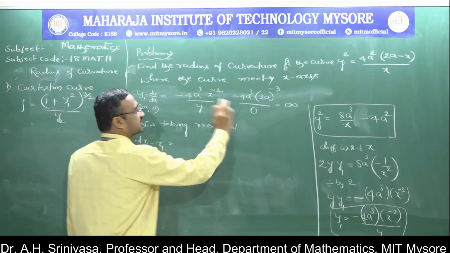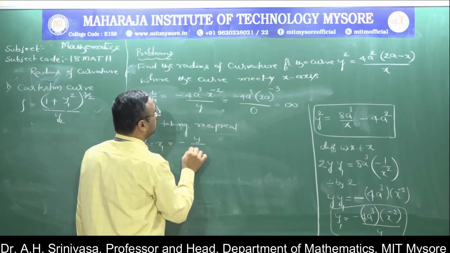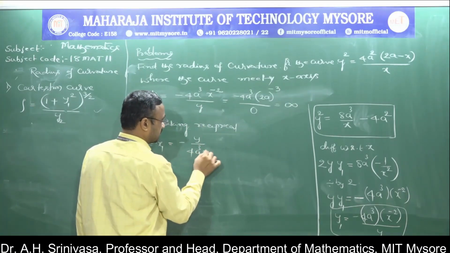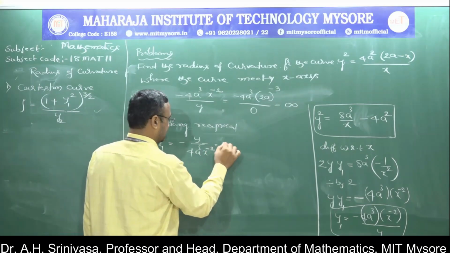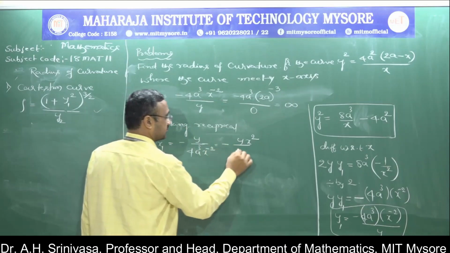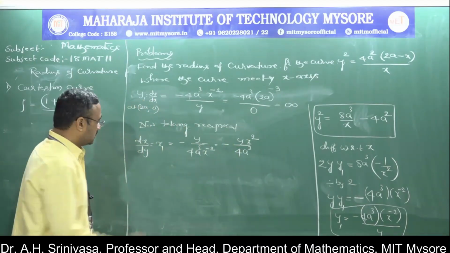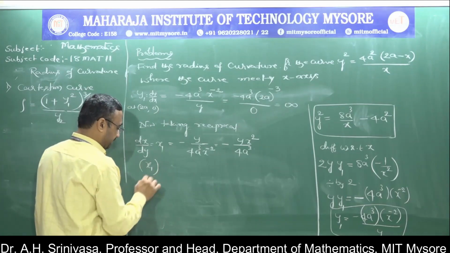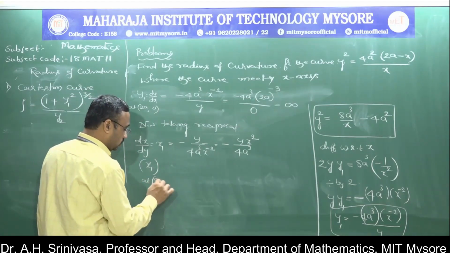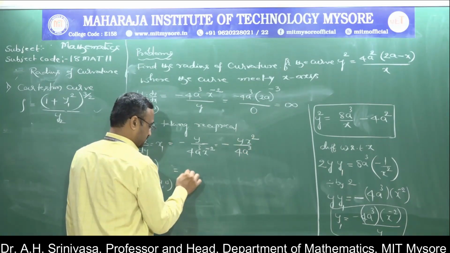It should be equal to minus y divided by 4a cube, x power minus 2, or simply minus y x square, with a shifted to the numerator as a positive value. Now what do we get? x1 at (2a, 0) becomes 0.